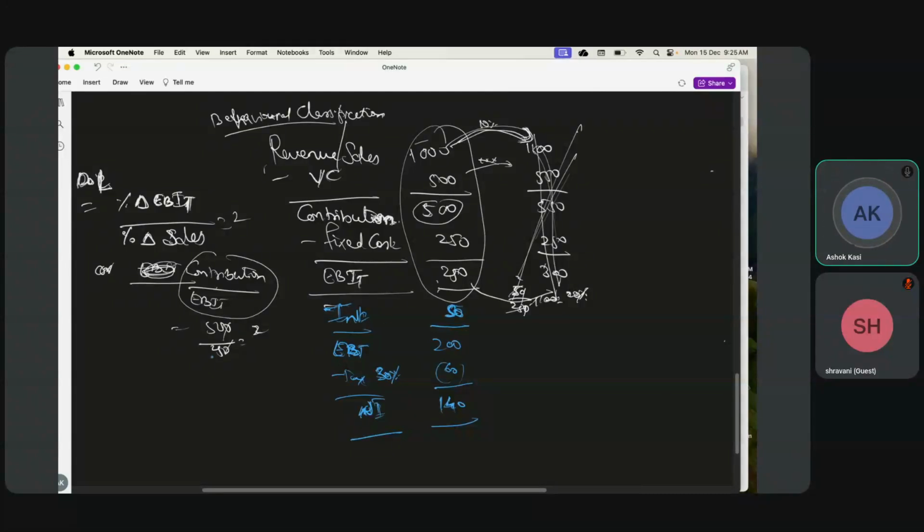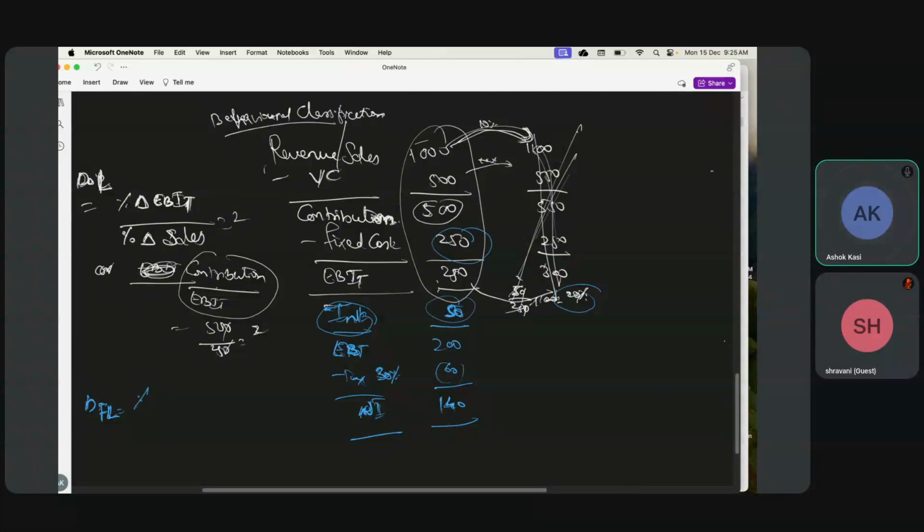So here, degree of financial leverage. Financial leverage means basically, in operating leverage, your profit is going up because of the fixed cost. In financial leverage, your profit is going up because of the fixed financing expenses, that is interest.